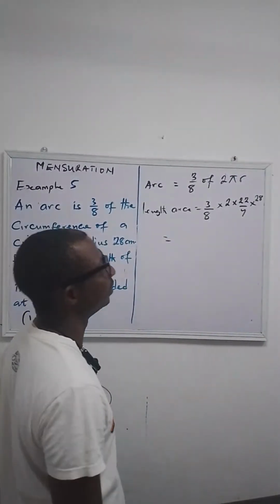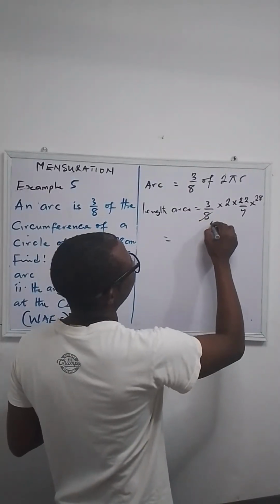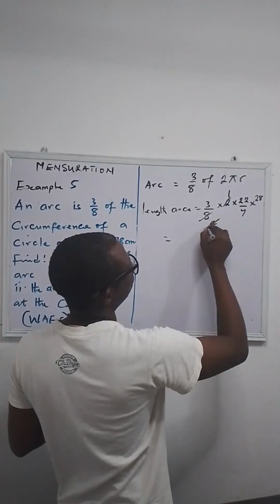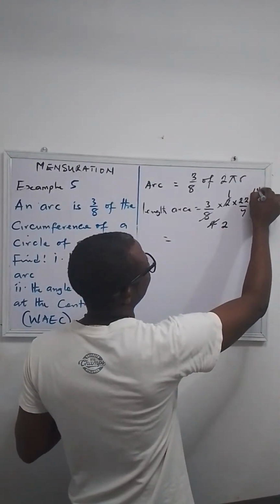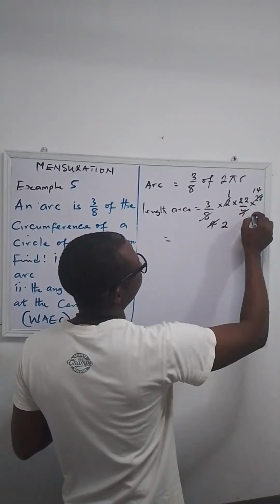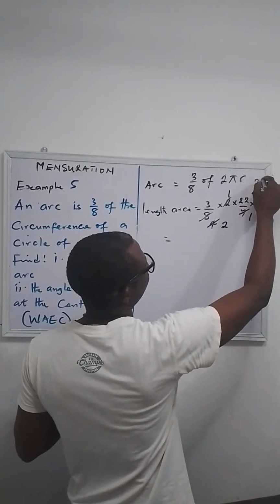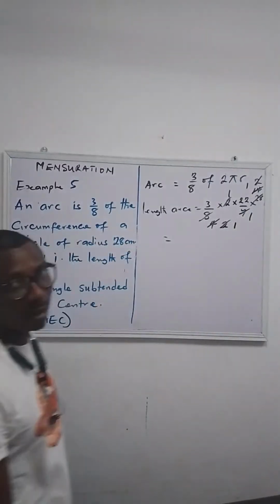Now let's start dividing. 2 goes here, 4. 2 goes here, 1. Now 2 goes here, 2. 2 goes here is 14. 7 goes into 14, 2. 7 goes here, 1. 2 goes here, 1. 2 goes here, 1. So what are we left with?